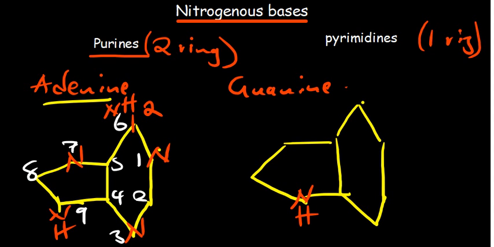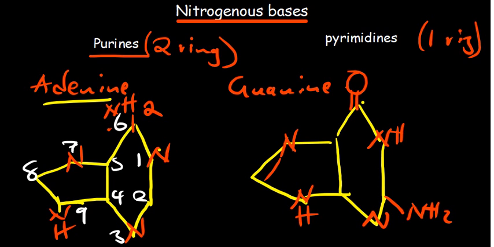It's also the same at that point. Then the difference is on carbon 6. Here there is a double bond to an oxygen, which tells us that there is a carbonyl group at that point. Then there is NH, and there is an amino group on carbon 2 instead. Of course at this point there's also a nitrogen.